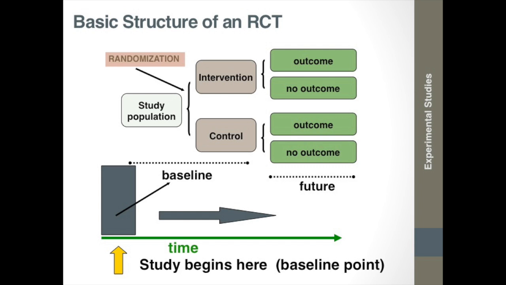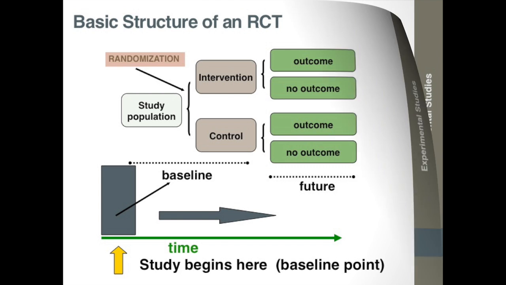RCTs are the gold standard of research designs. In an RCT, study participants are randomly assigned to treatment and control groups, and then investigators observe over time the incidence of outcomes. RCTs provide the most convincing evidence of a relationship between exposure and effect.